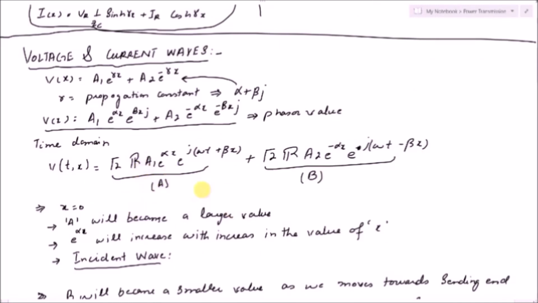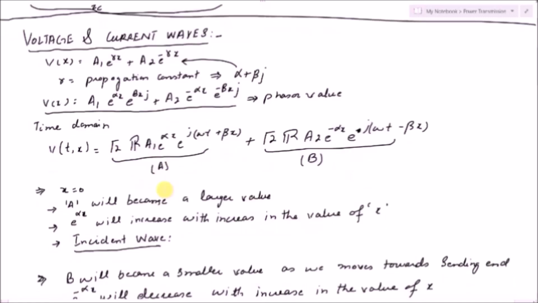The first one was the incident wave, because as we travel from the receiving end towards the sending end, the value increases, and for the second part, as we move from the sending end towards the receiving end, the value increases. So the second part is the reflected wave, and the first part was the incident wave.